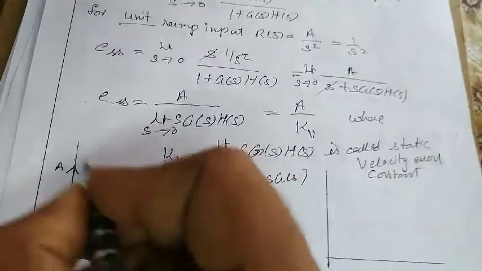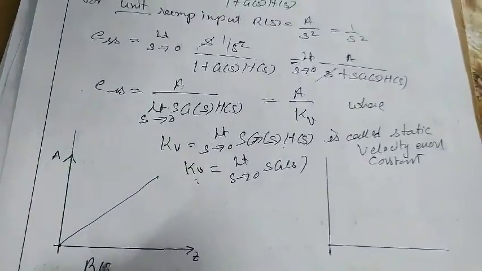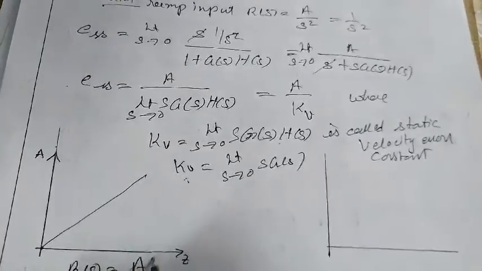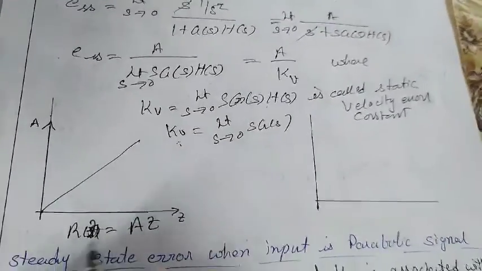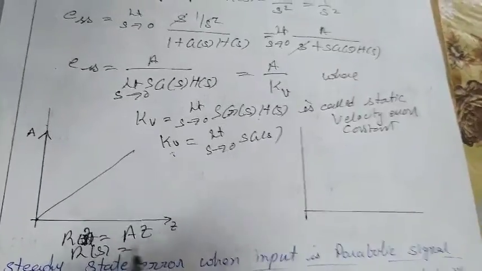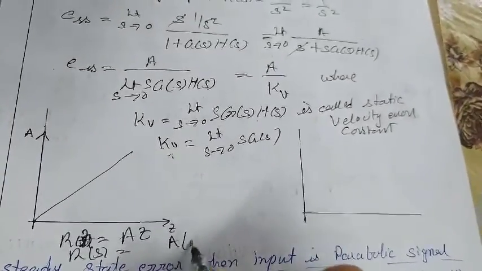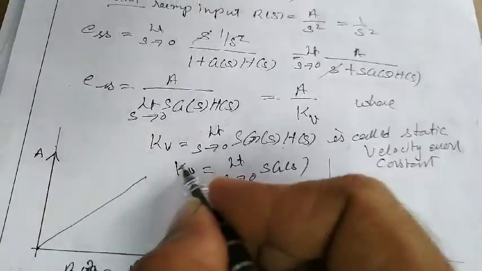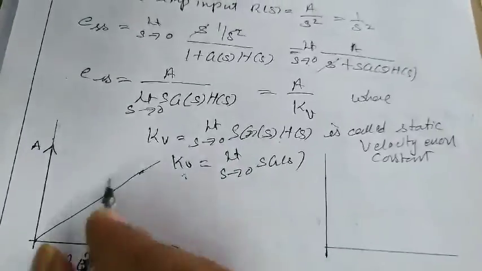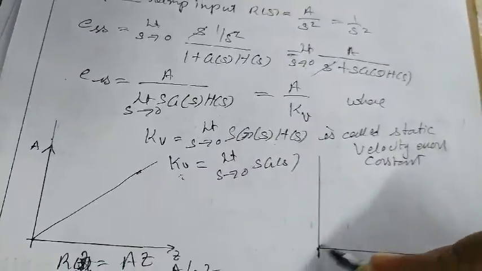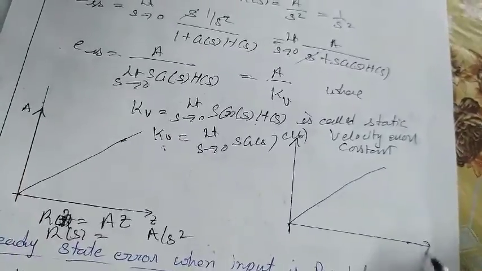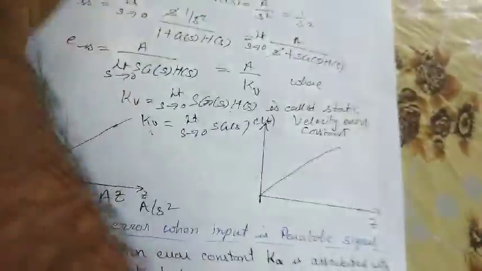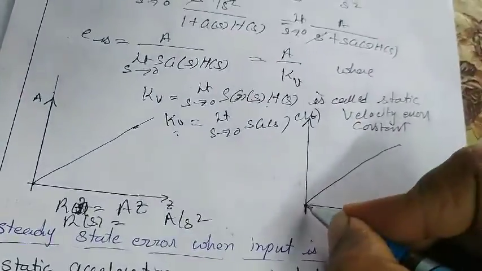Ramp input means r(t) is A of t, where R(s) is given as A by s square. So this is my ramp input with respect to t. For this ramp input, my output response c(t) with respect to time t will be the graph in this way.